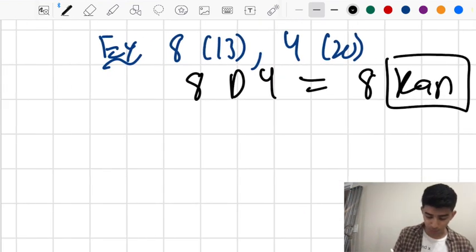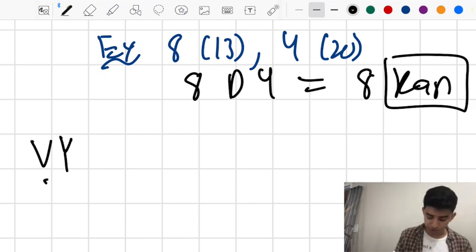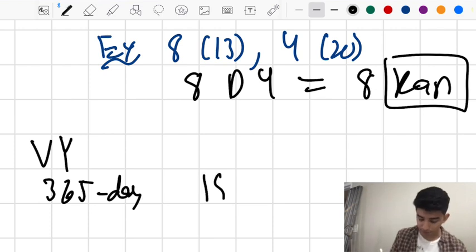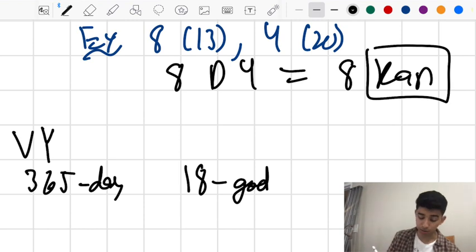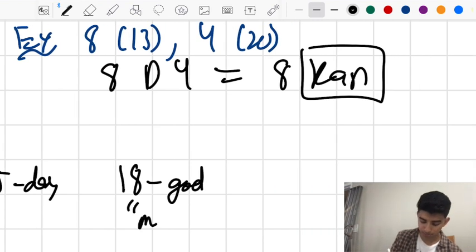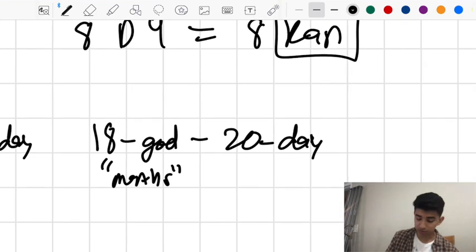Next, the calendar we can get into is the vague year, or the Hab, which was a 365-day cycle comprised of 18 god-named months, if we could call them that, and each month was a 20-day cycle.